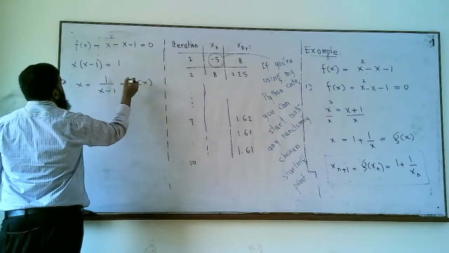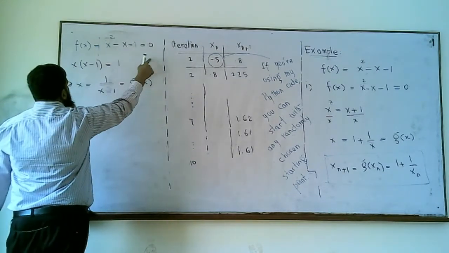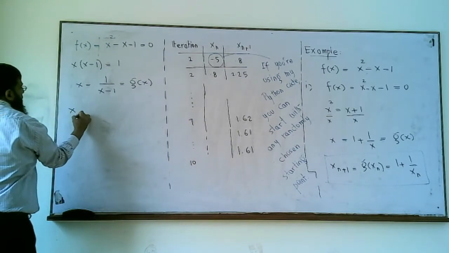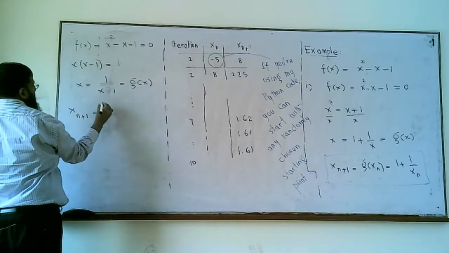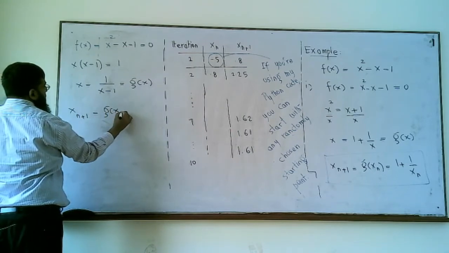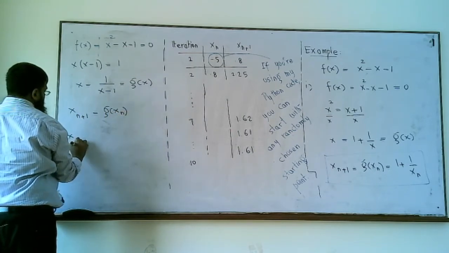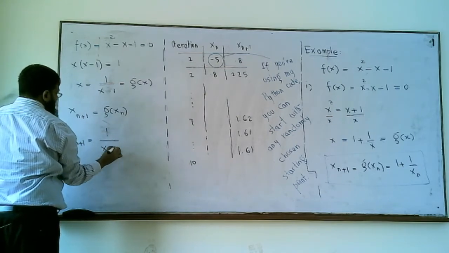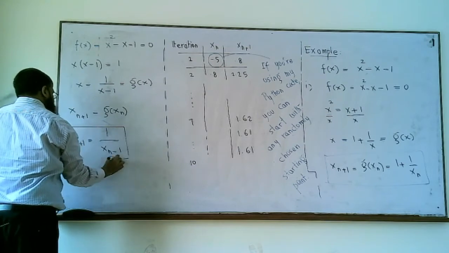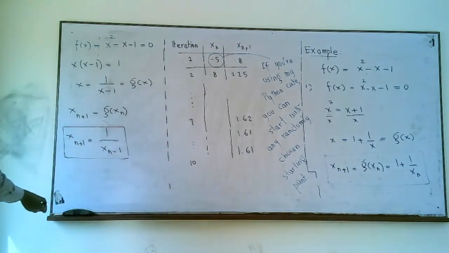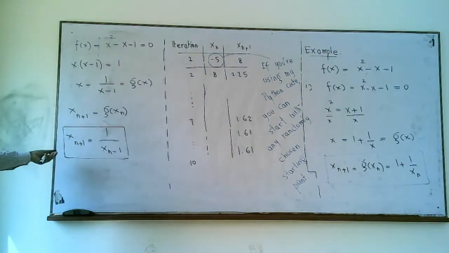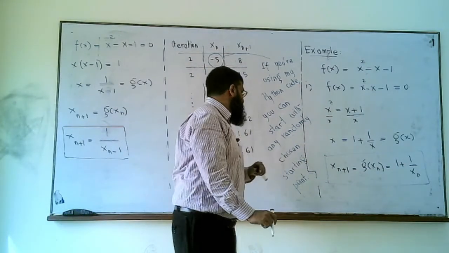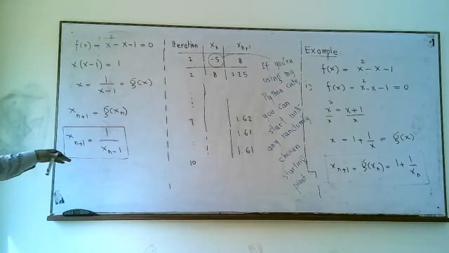So starting from the same f(x), putting it equal to 0, now we have reached a different expression, and we'll write it like this: x_{n+1} would be g(x_n), or x_{n+1} is 1 over x_n minus 1. So let's see whether, if we use this expression for x_{n+1} instead of the previous one, we reach the other root.